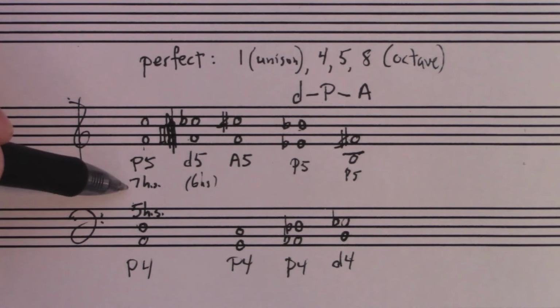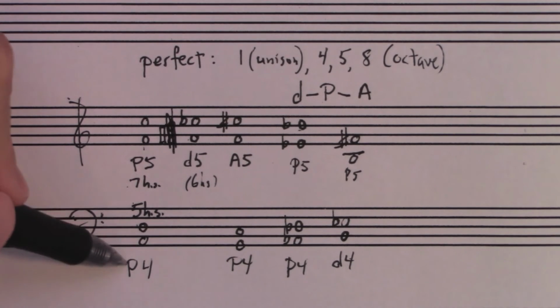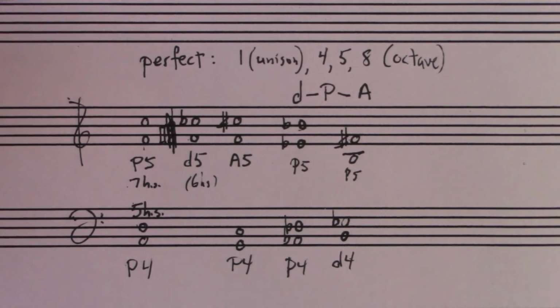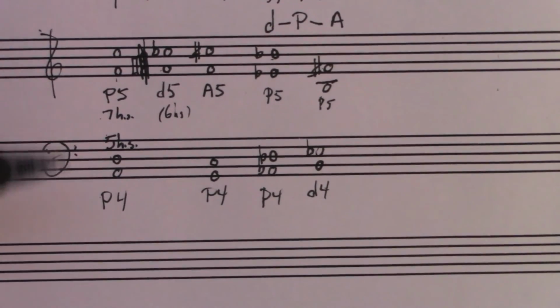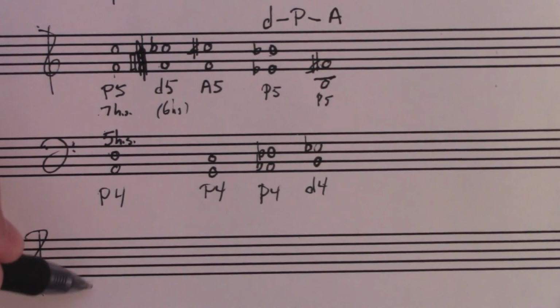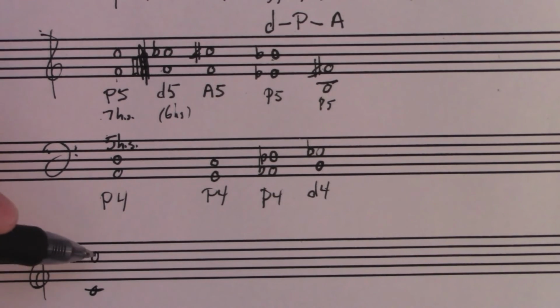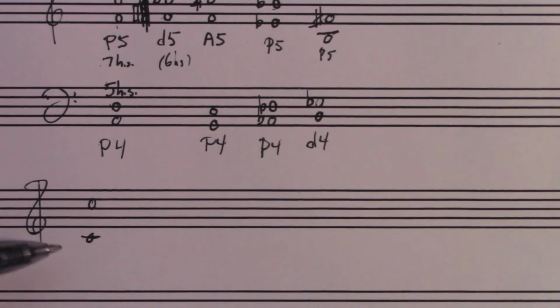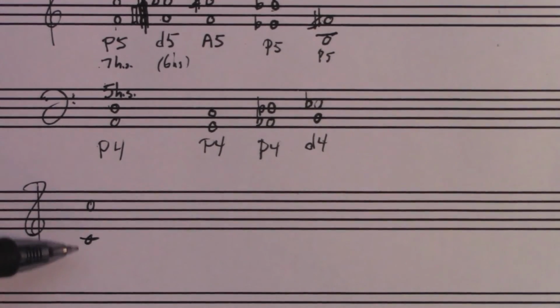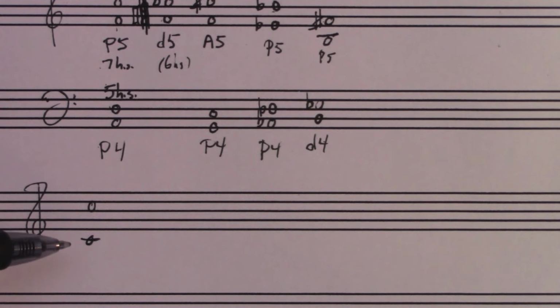Perfect fifth, 7 half steps. Perfect fourth, 5 half steps. Perfect octave, from C to shining C. Sorry. Well, 1, 2, 3, 4, 5, 6, 7, 8, 9, 10, 11 half steps.